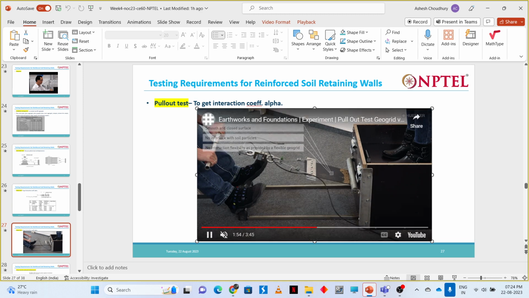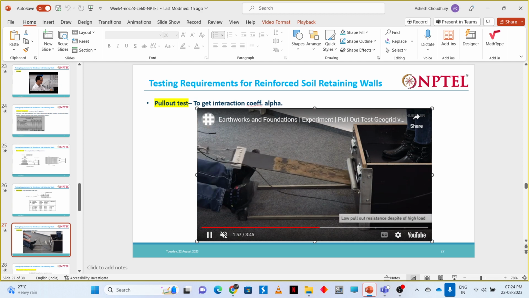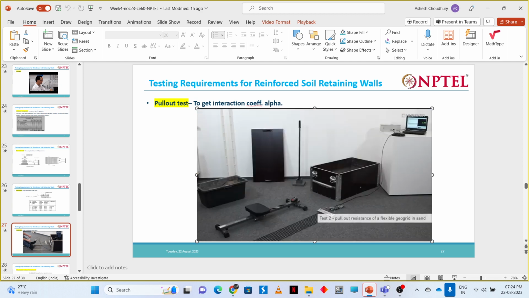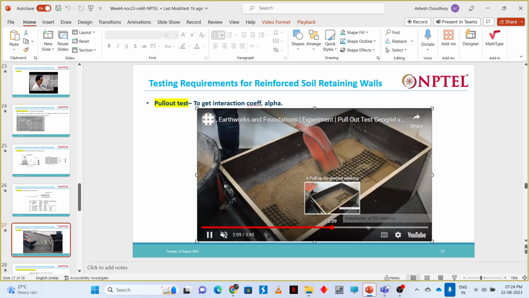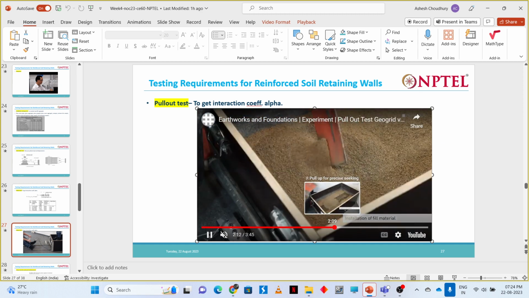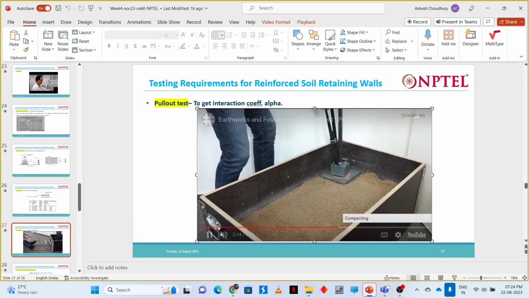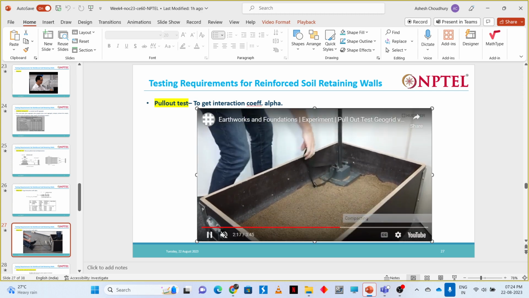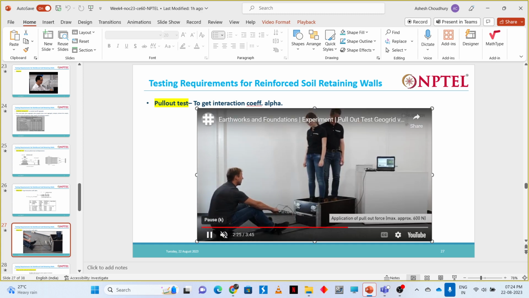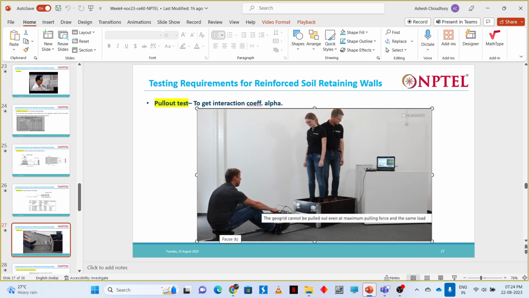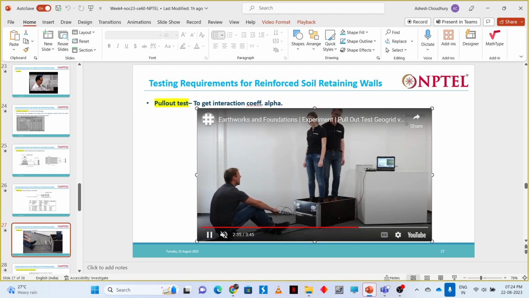Now let us see the test for the geogrid. See, high strength is required.